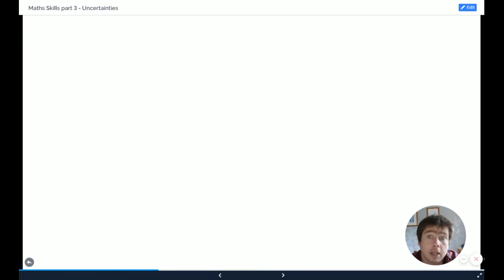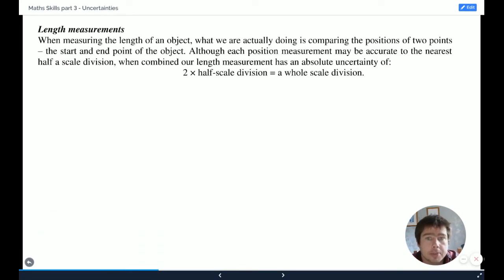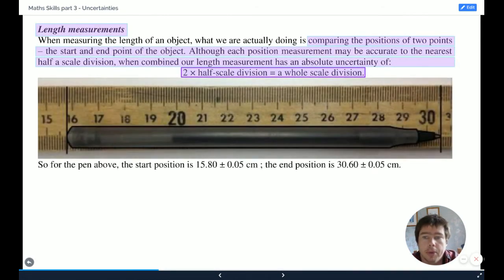We also get to the complicated factor of when you do length measurements. If you think about what you're doing with a length measurement, you're comparing two different positions. You're comparing the position of the start of the object that you're measuring the length of to the position of the end of the object. So the example that I've just pulled up here is measuring the length of a pen on a ruler. With those position measurements, the position of the start, we read to the nearest millimetre, right?